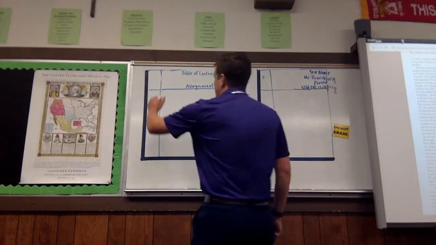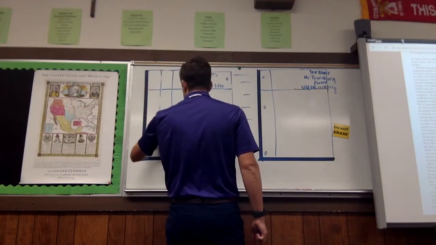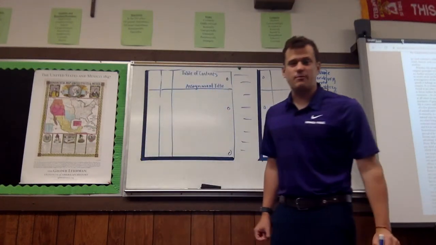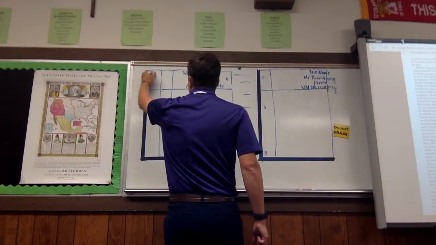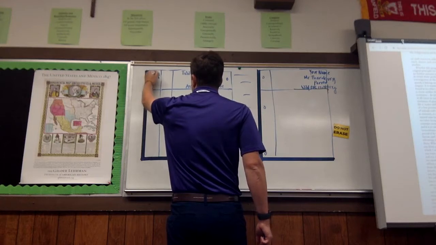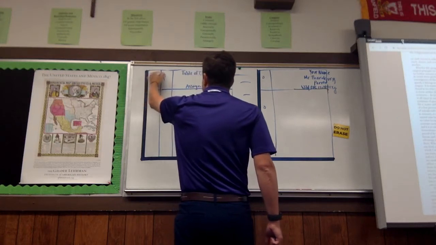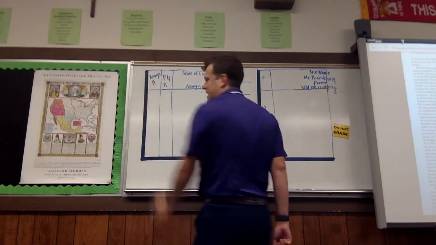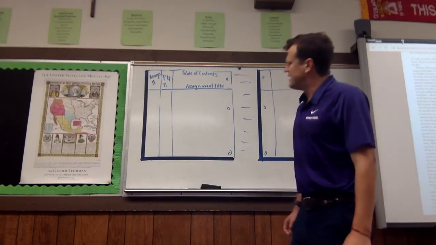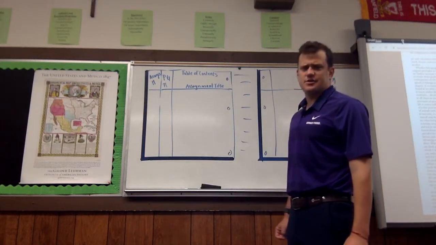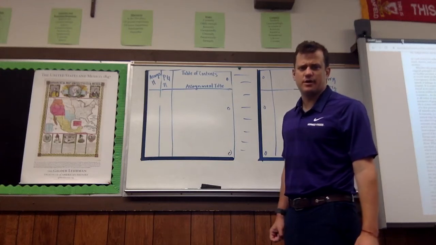I'd like for you to create a second column. I'd like you to label the first column assignment number or assign number. I'd like you to label the second column page number or PG number. Okay? And this is going to serve as our table of contents for your notebook.